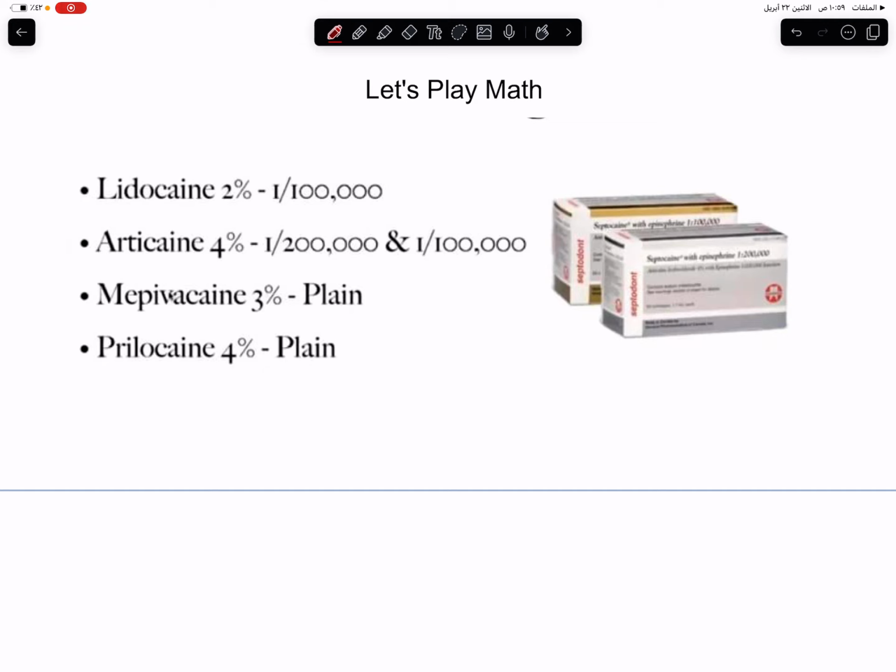If you get a question on your exam on how to calculate, hope you can easily calculate: if you see percent, just multiply by 10. If you see the ratio, make 1,000 and then divide. That's it. Any question?